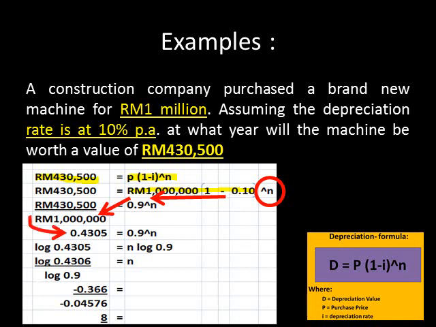The 0.4305 comes from 430,500 divided by 1 million, and you will get 8 years. You can also use this to counter-check your calculation. Okay, that's all. Thank you.